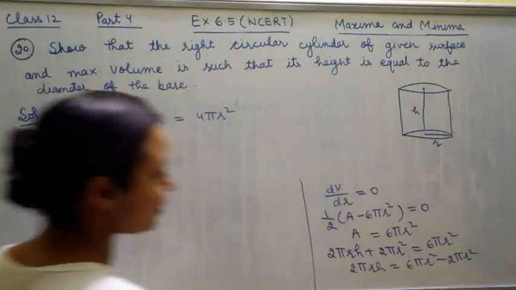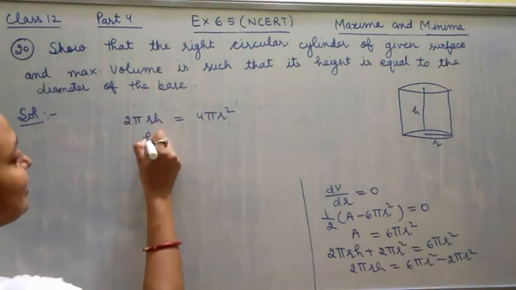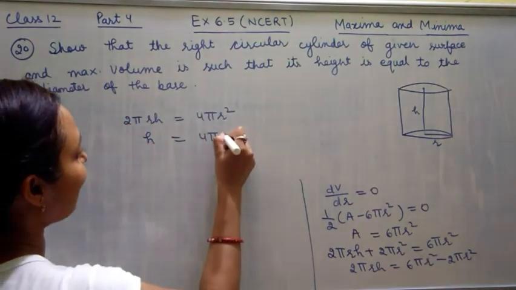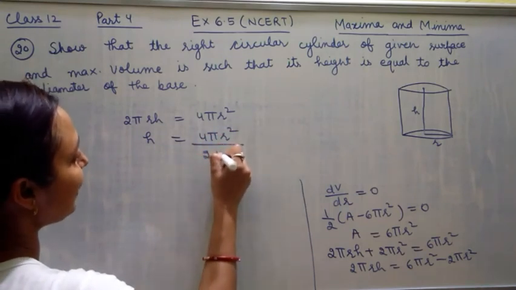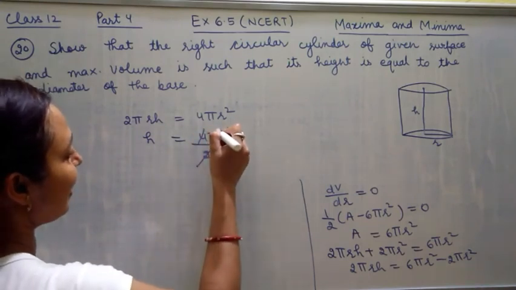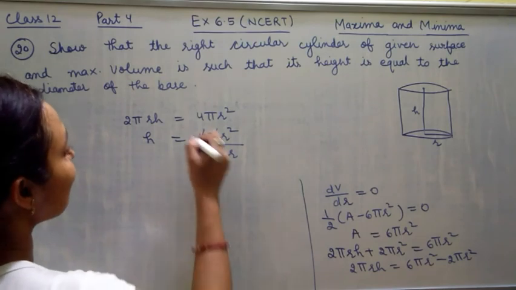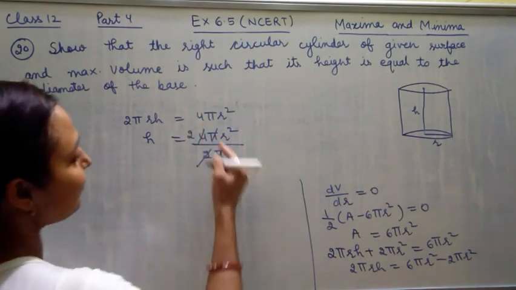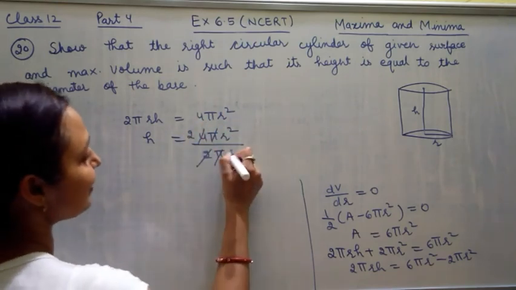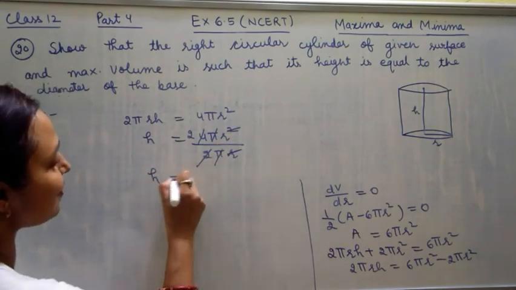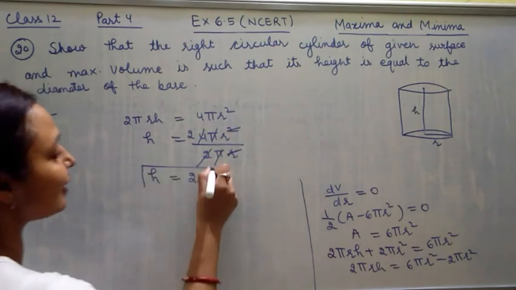Now h is equal to 4 pi r square divided by 2 pi r. Pi and pi will cancel, r will cancel, and 2 twos are 4. H is equal to 2r. So one of the things is proved.